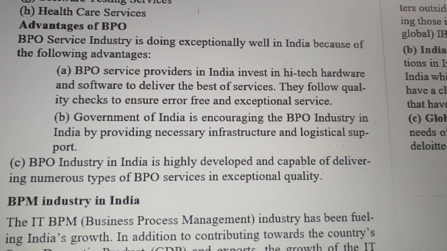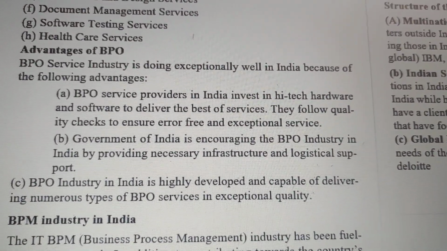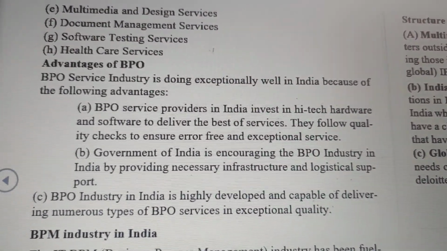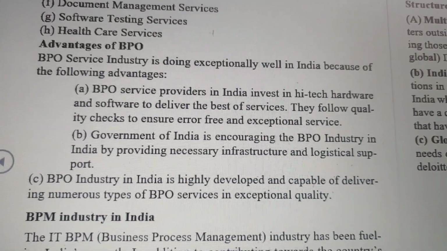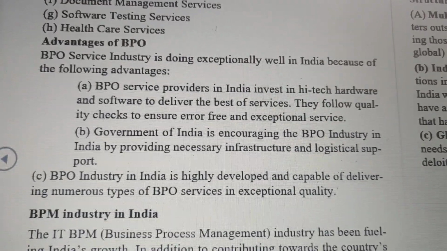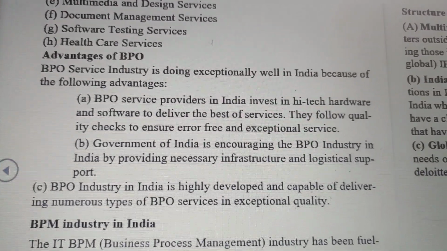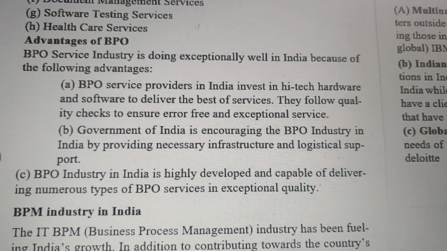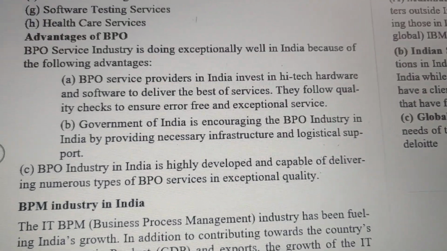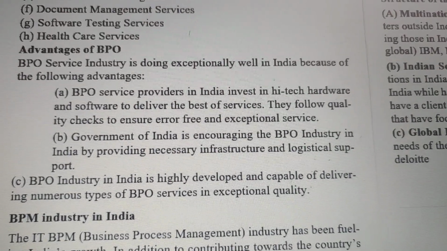It is highly developed and capable of delivering numerous types of BPO services. So you can see BPO in every service: in calling, in customer services. If you have a problem, say a hardware problem, there is also a BPO service for that. So in every field BPO is playing a very important role.